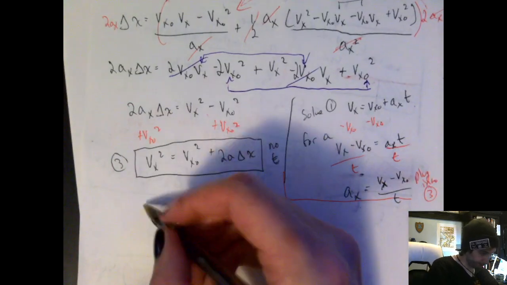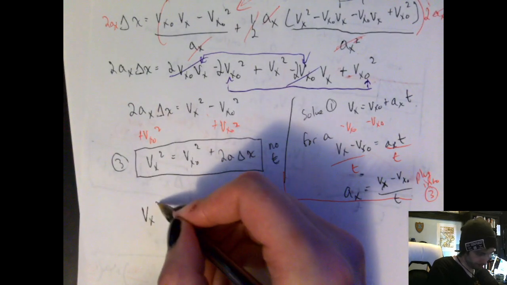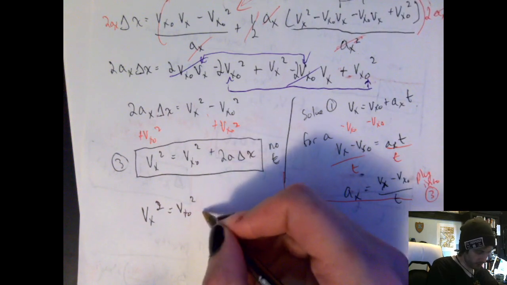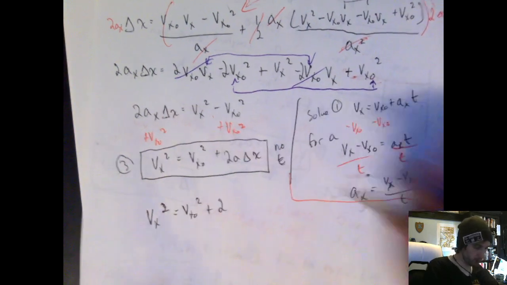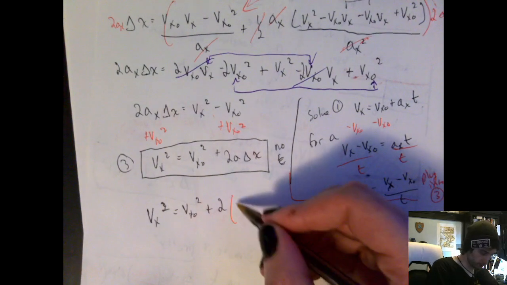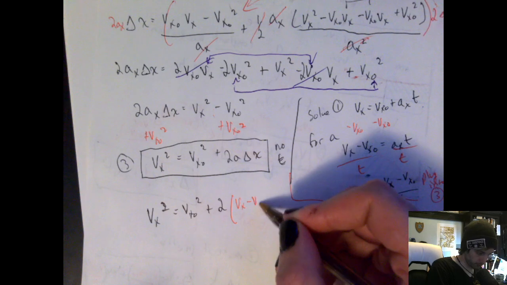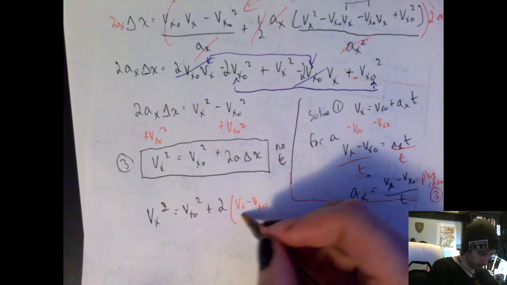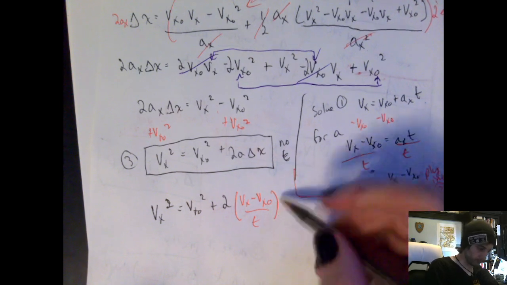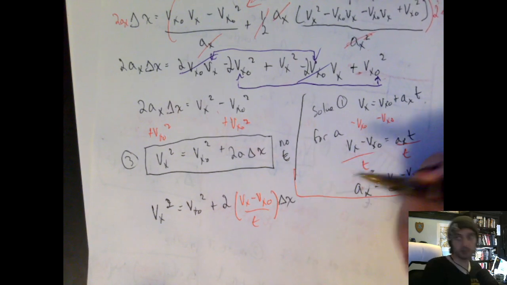When I do that, I'll get Vx equals Vx naught squared plus 2 times this thing times our displacement.